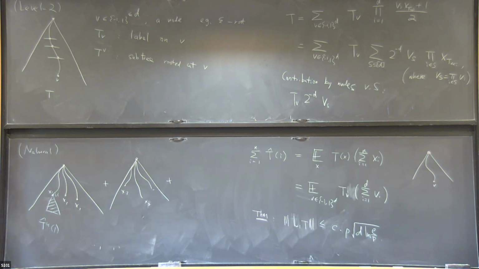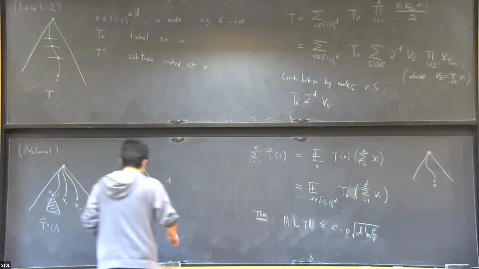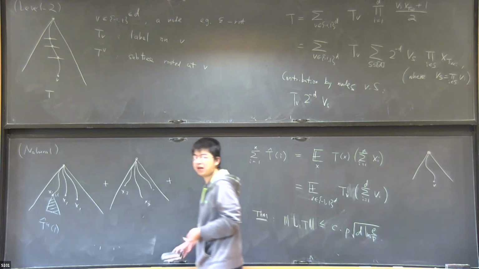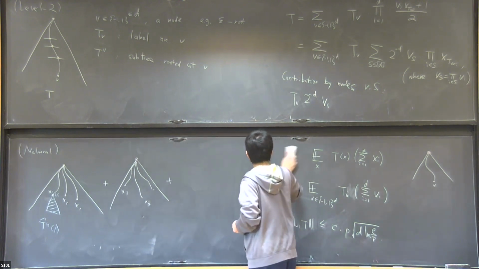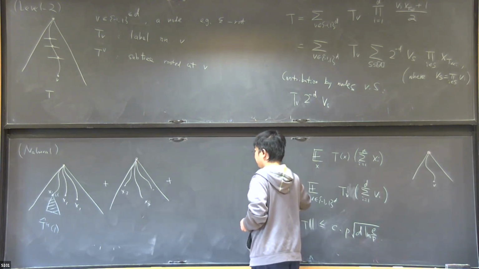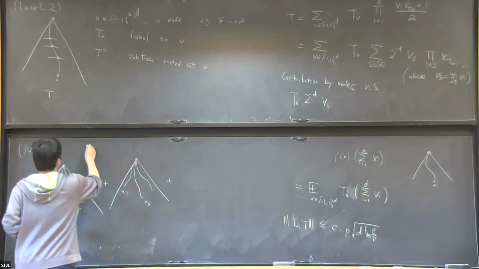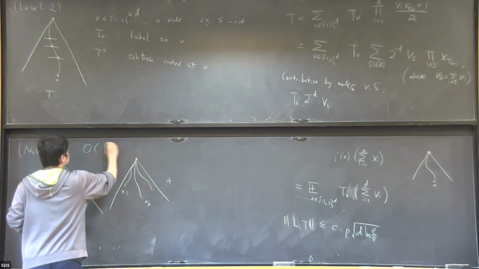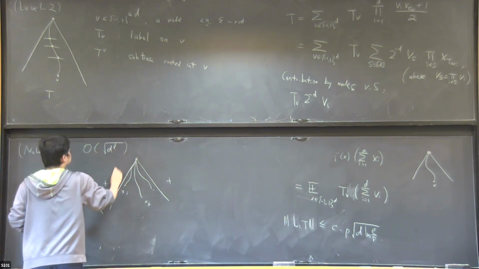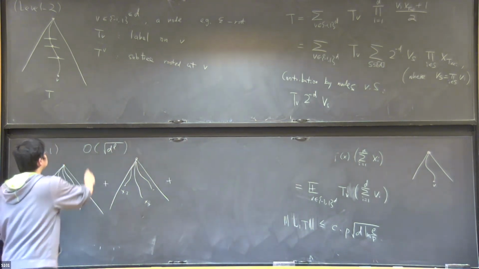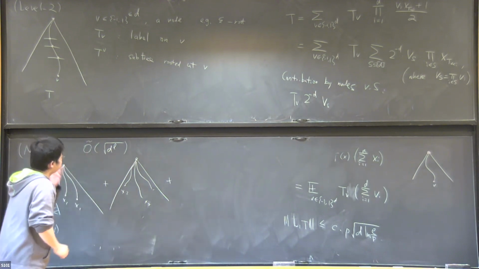This is just the natural approach, and it will not give you the best upper bound. So what will it give? It will give you something like d to the L, maybe with some log factor.